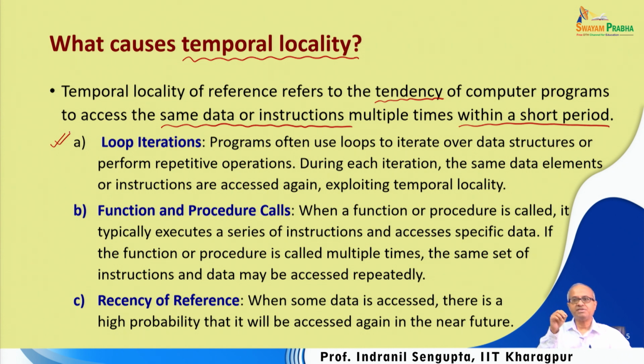So, the memory location that was accessed in the first iteration will again be accessed in the second iteration, and again in the third iteration. Because a program spends most of its time in loops, these are the instructions where temporal locality will show up. Some set of instructions will be executed repeatedly because they are part of a loop.